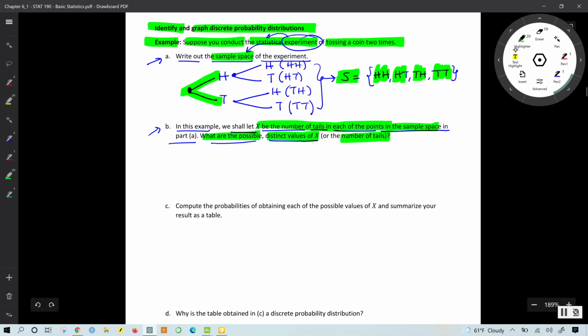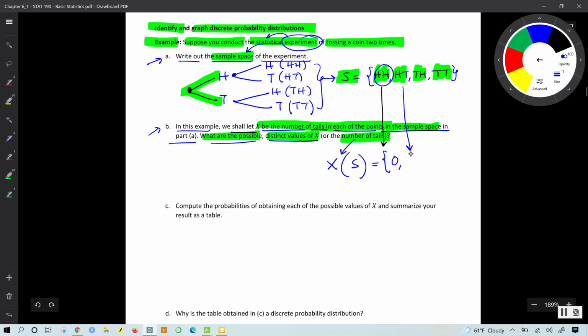Let us see. If we do a one-to-one observation, counting the number of tails in the points in the sample space, how many tails do we have here? 0. How many tails do we have here? 1. How many tails do we have here? 1. And as you might reckon, 2.